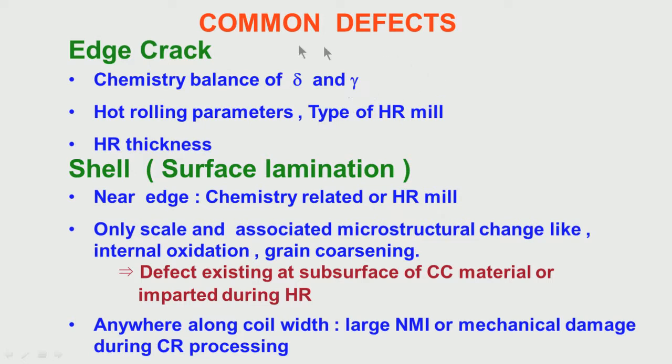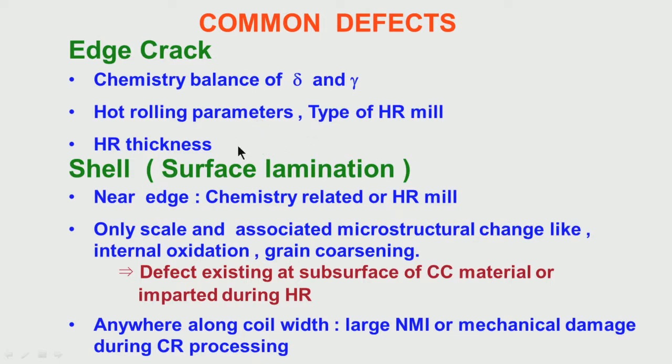So, basically chemistry balance is very important, but equally important are the hot rolling parameters, like what type of hot rolling mill you are using, whether it is a Steckel mill or a normal hot strip mill. The finish temperature is also important. If you roll at low temperature, the problem of edge crack might be there.